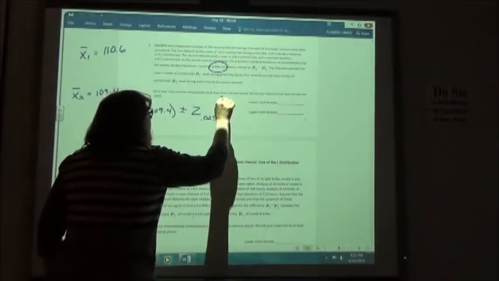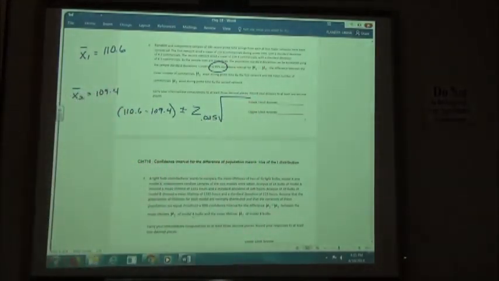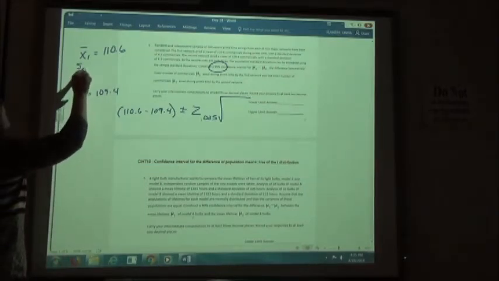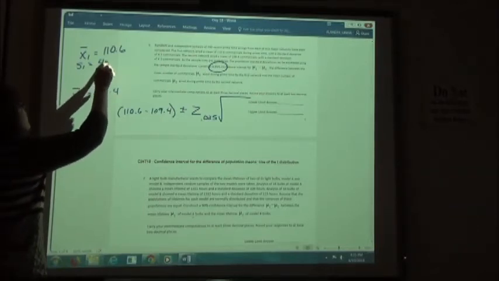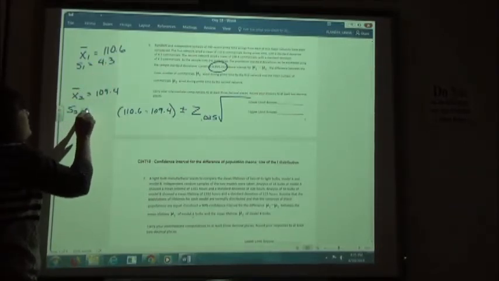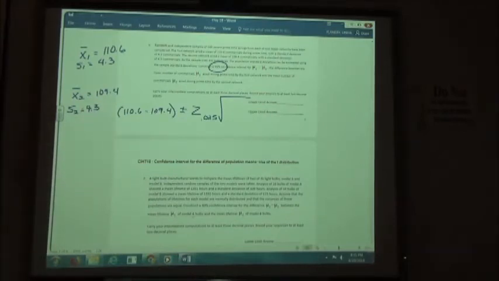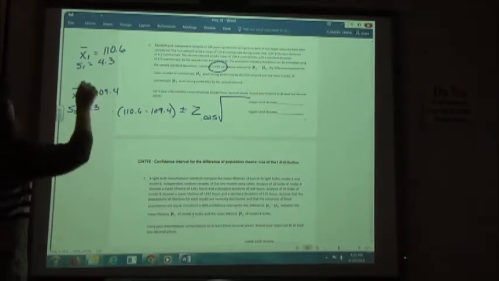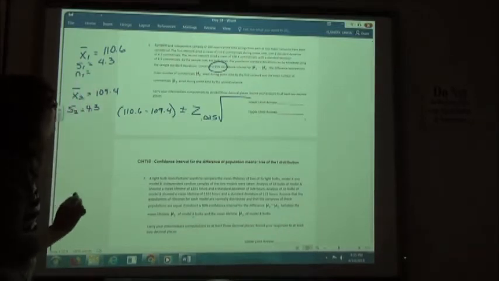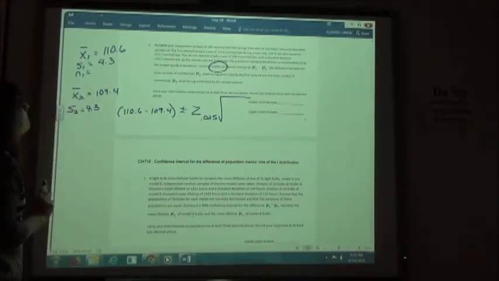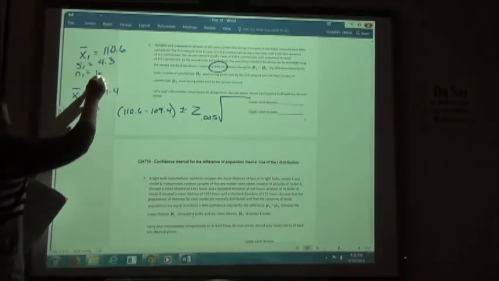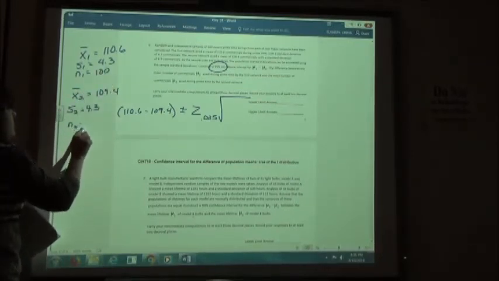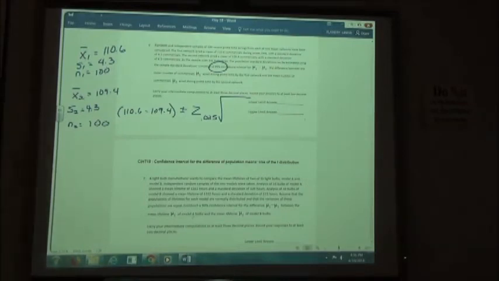0.025. And then we're going to have the square root of, and we need our standard deviation. Our standard deviation from the first sample was 4.3, and for our second sample, it's also 4.3, right? N for our first sample is going to be 100, and on our second sample, it's still 100, right?